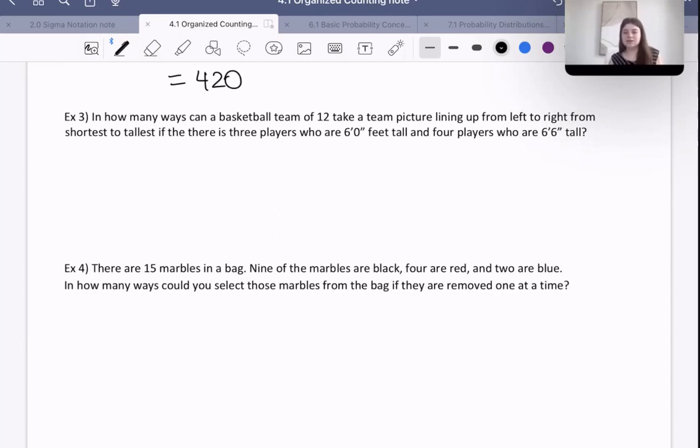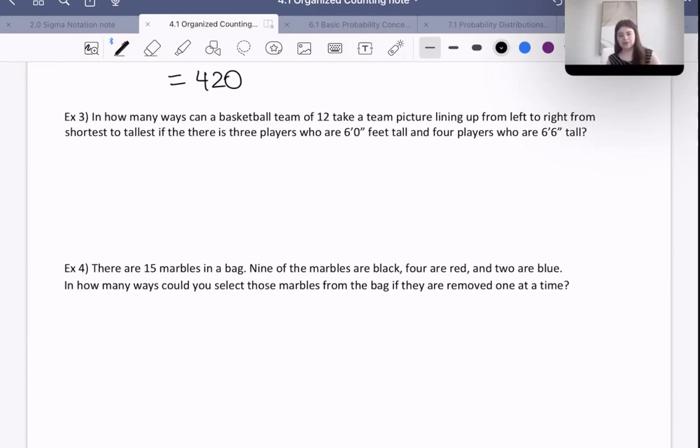And so in this case, actually, we can use people as an example because we're rearranging in terms of height, right? So the 4 players who are 6'6", they can switch, and even though that's a different permutation technically, in this case, we just want to know how many ways we can arrange them from left to right, from shortest to tallest, right? And any way that those 4 people switch would still have the overall permutation be shortest to tallest.